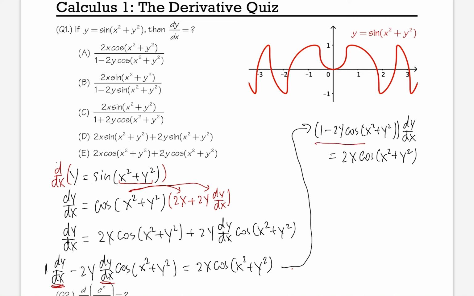Lastly, we just have to divide this quantity on both sides, then we will be done. So ladies and gentlemen, we can just conclude that dy/dx equals this thing on the top, 2x cosine of x squared plus y squared, over this quantity, which is 1 minus 2y cosine of x squared plus y squared.